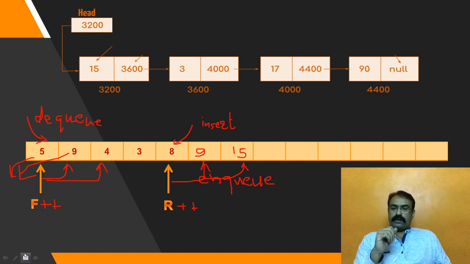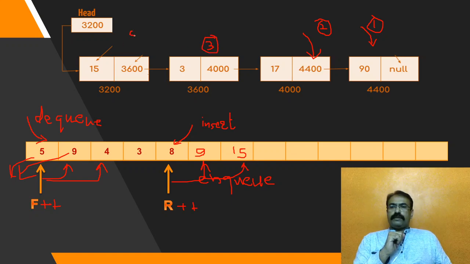Treat this as a queue. The first element which is added is, let us say, 90. Second element is 17, third element is 3, and fourth element is 50.